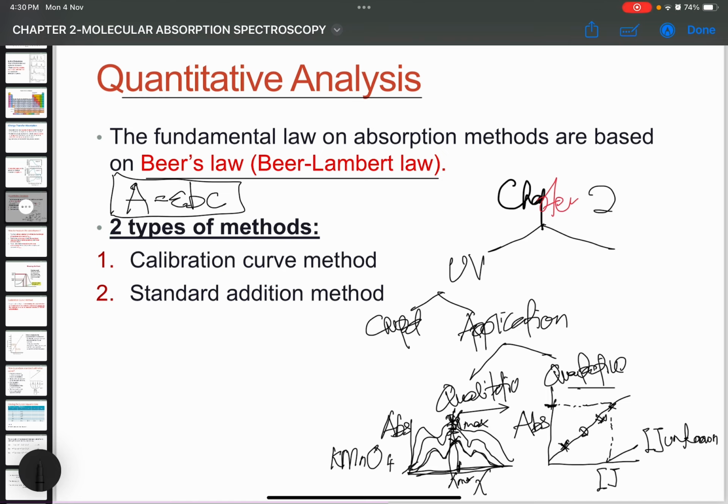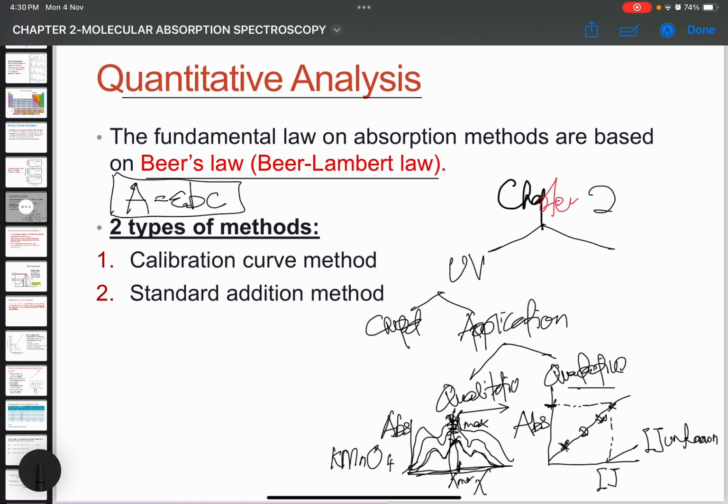So those are the two reasons why we normally perform the quantitative analysis at lambda max: better sensitivity and lower detection limit, and reduced error.